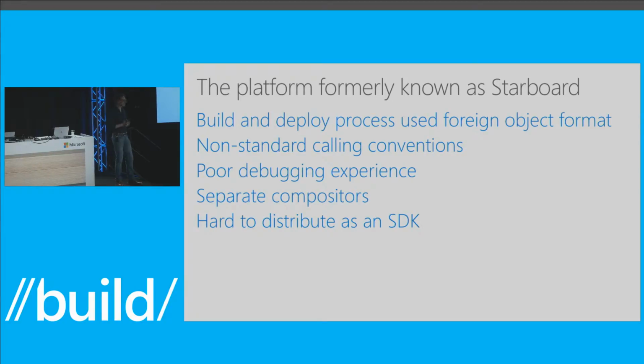Well, when we started this project, we had a very different set of goals from what we do now. The idea was to quickly get a small number of apps over to Windows with as little additional work for the developer as possible.